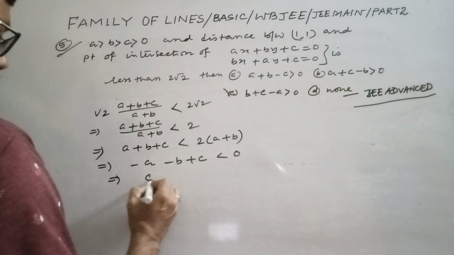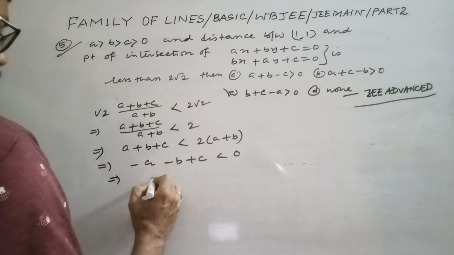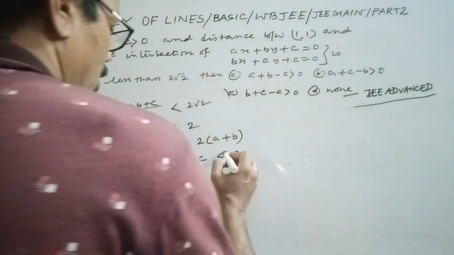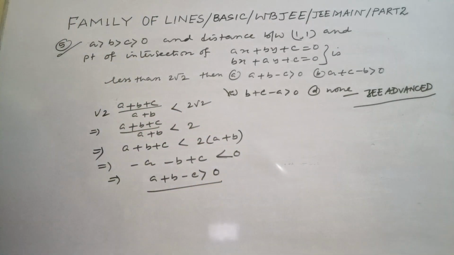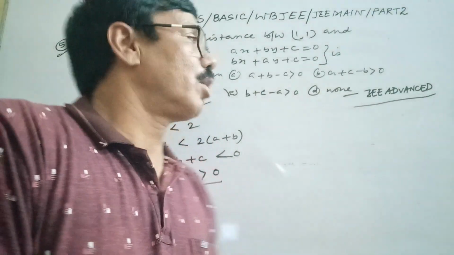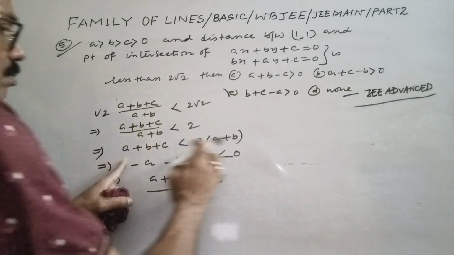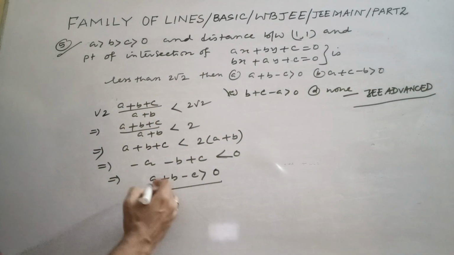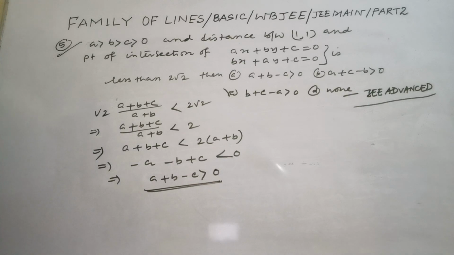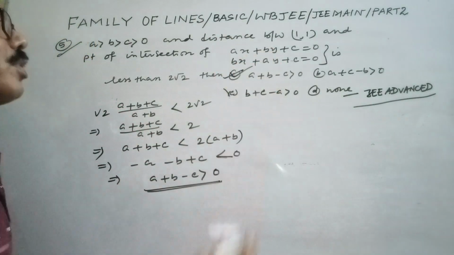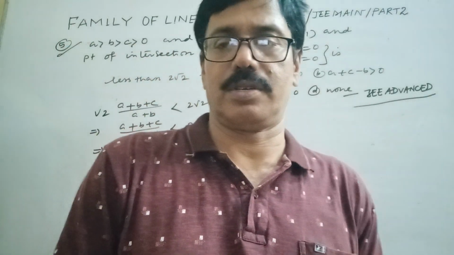So multiply by a negative, so a plus b minus c is greater than 0. So the less than inequality will become greater than. Now a, b, c are all positive, so this one is positive. So you are getting a plus b minus c greater than 0. So option A is the correct option.